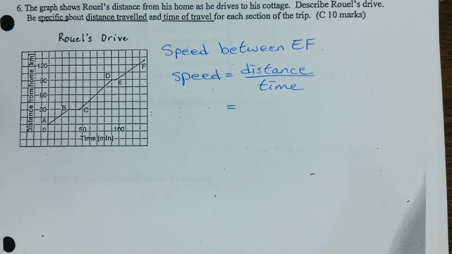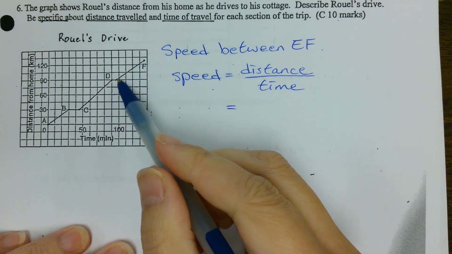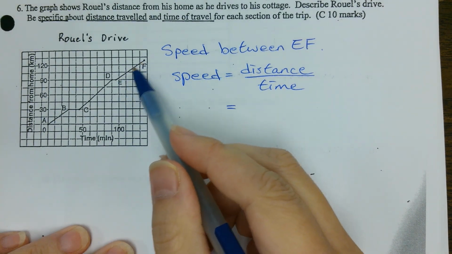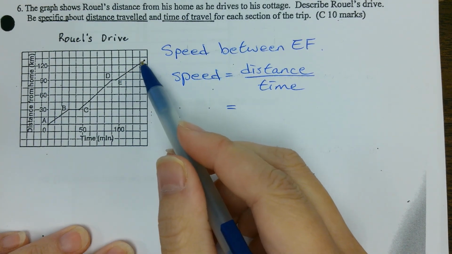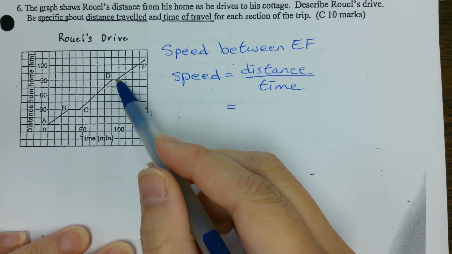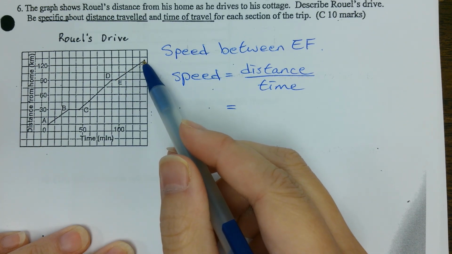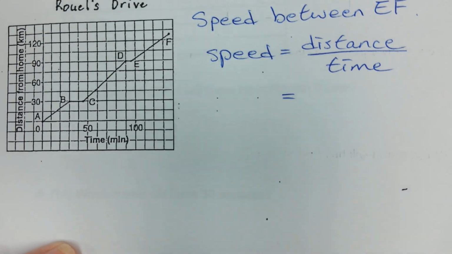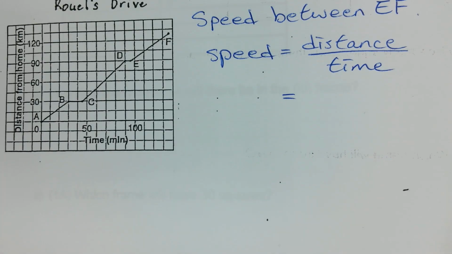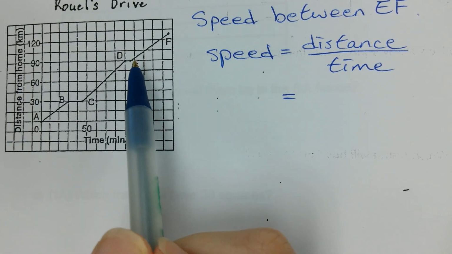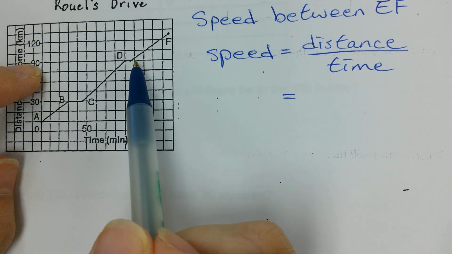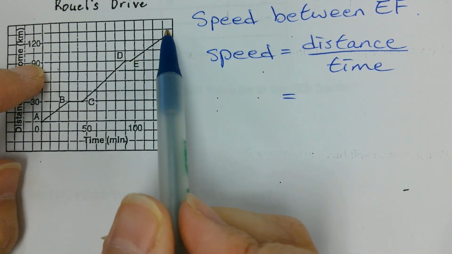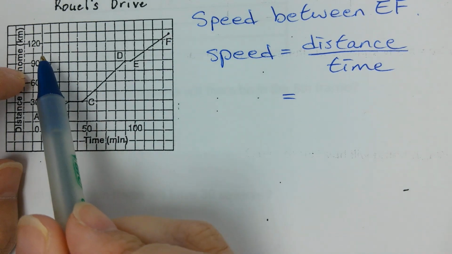Okay, so just between E and F right here, what was the distance that you traveled from E to F? You have it on your sheet too. Okay, so E to F, this was 90. F looks like it's about, what is it?